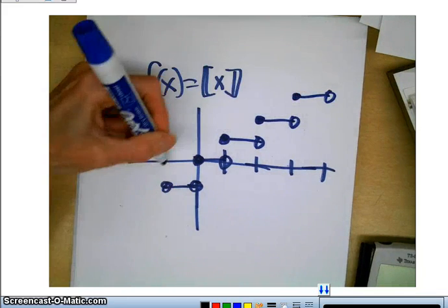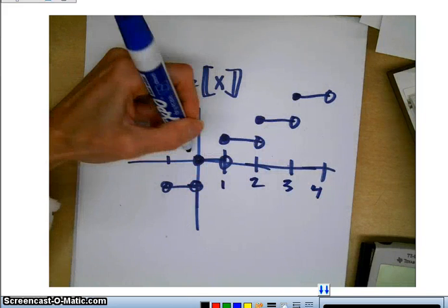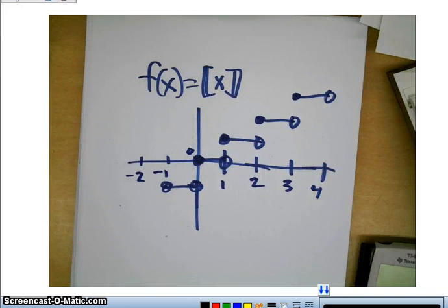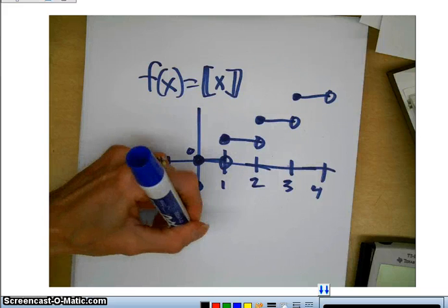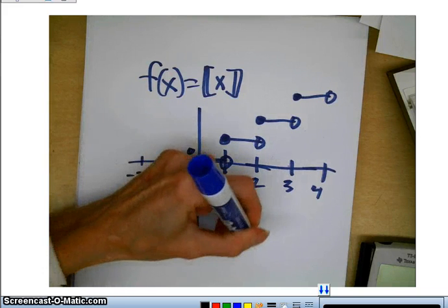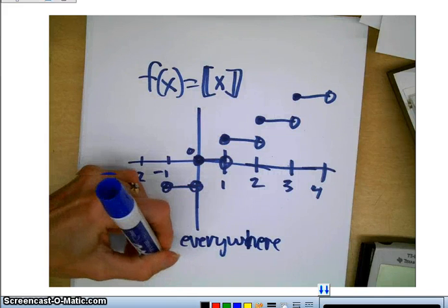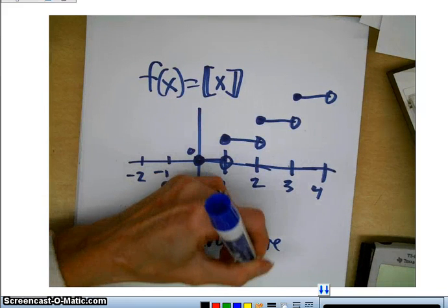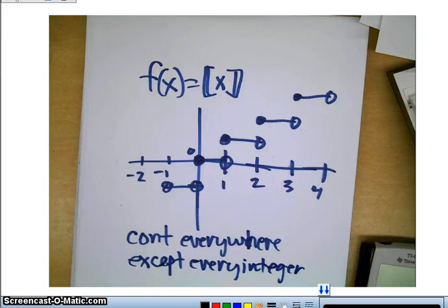No. Okay, where is it continuous? Continuous everywhere except every integer. Integers are those positive and negative whole numbers.